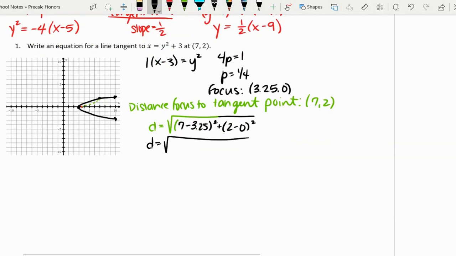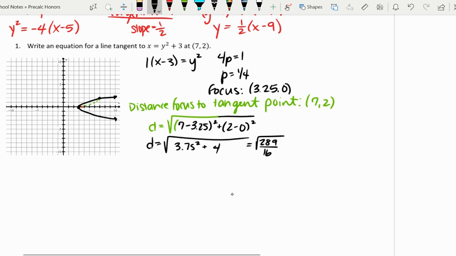So let me grab my calculator for a second. So this guy is going to be 3.75 squared. This will be 4. So 3.75 squared plus 4. I'm going to make this one nice fraction, which actually ends up to be 289 over 16.